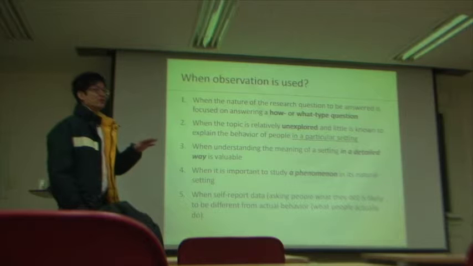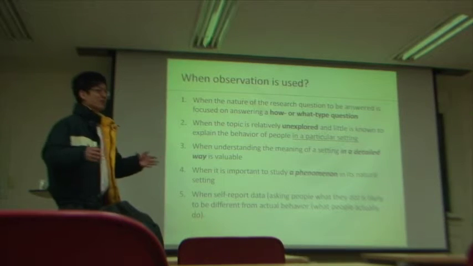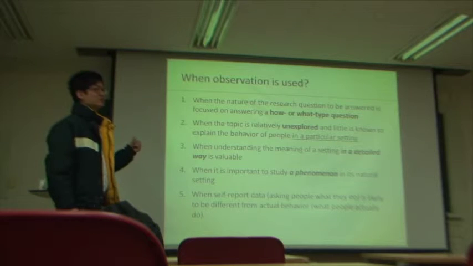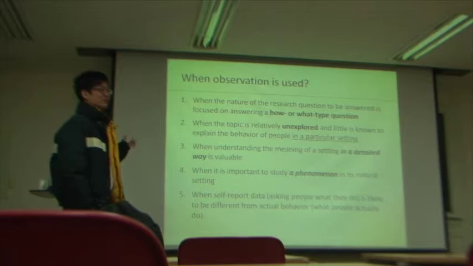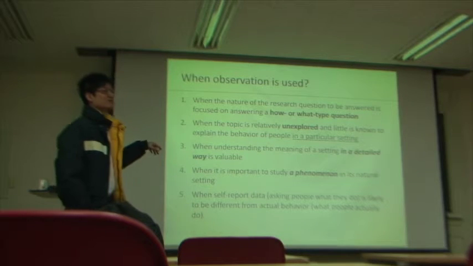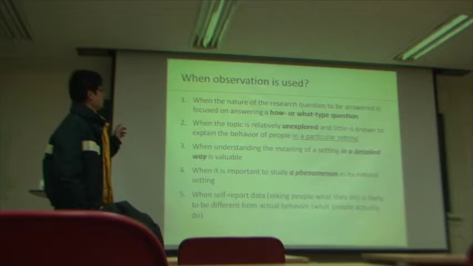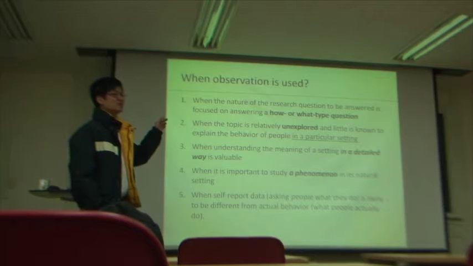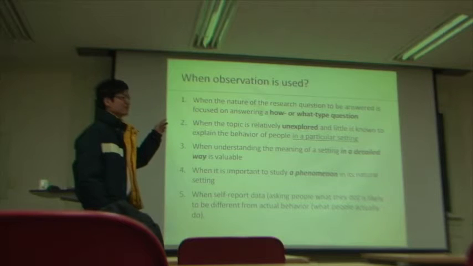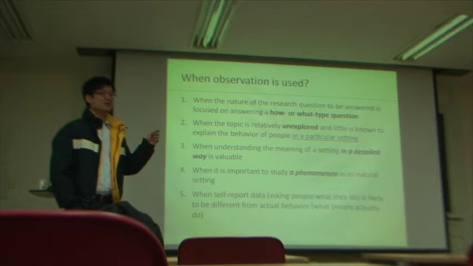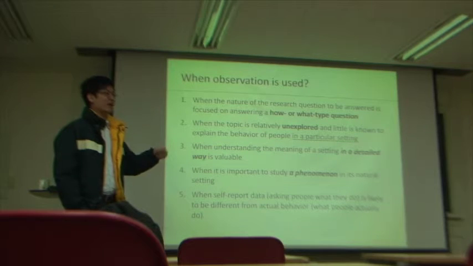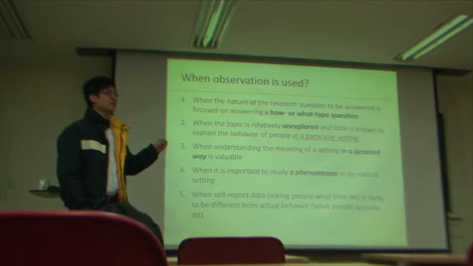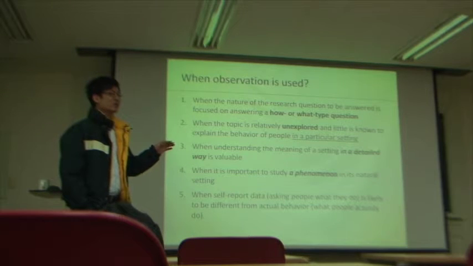When we are dealing with research questions or any kind of research, the topic can vary, depending on the questions that we really want to understand. So there are some situations where we need observations. The first situation is when we are interested in how and what type of questions, like how users really interact with a service and how a service problem takes place in a particular environment.